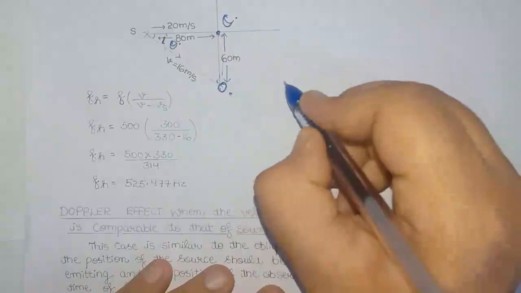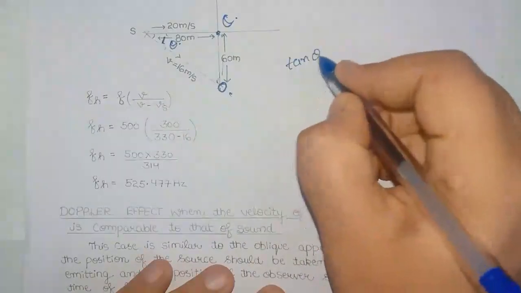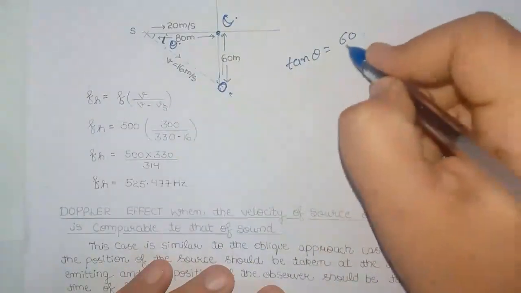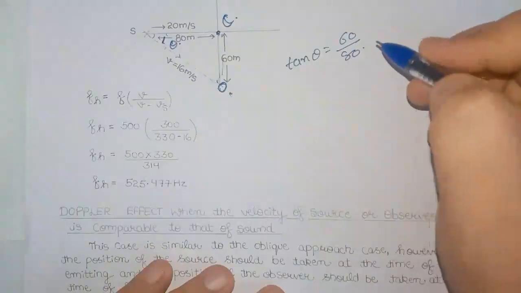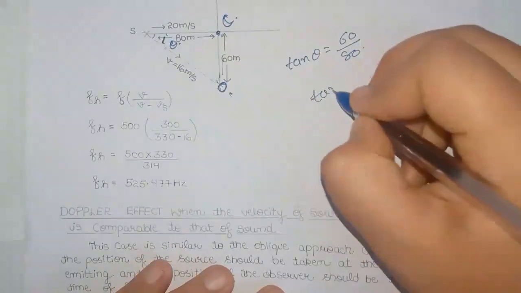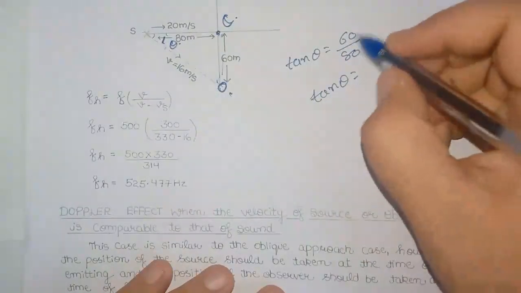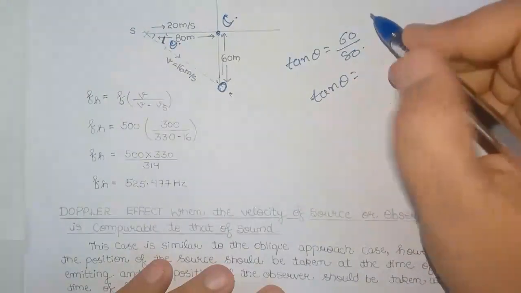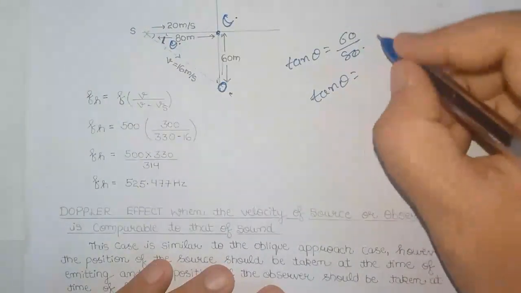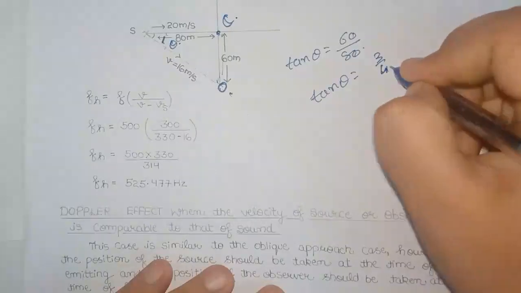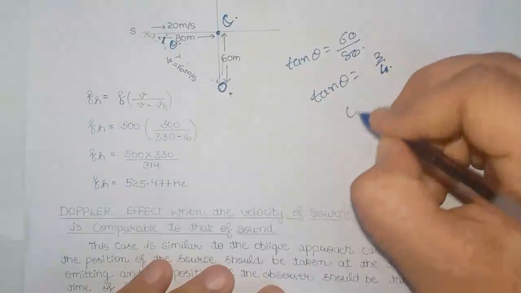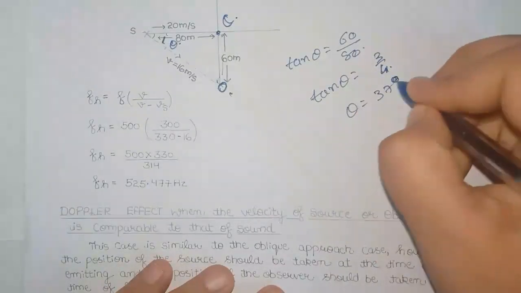So first of all, let us find this angle theta. We can write tan theta is equal to 60 divided by 80. So tan theta will be equal to 3 by 4. So theta is 37 degrees.